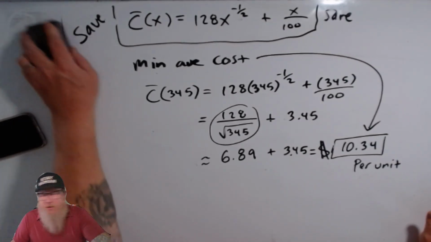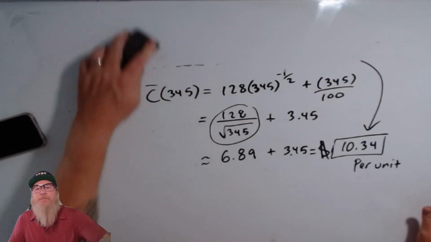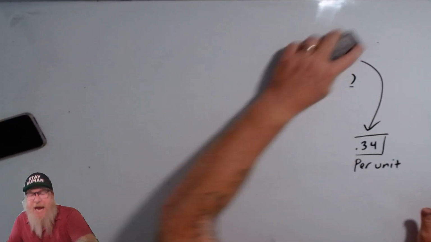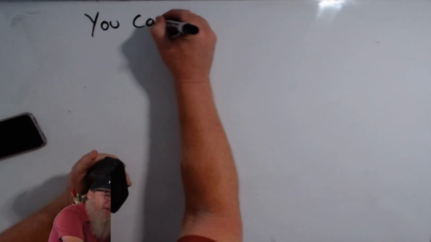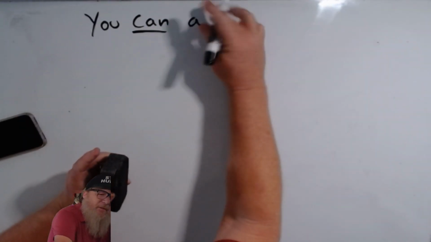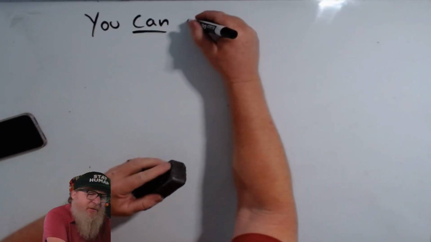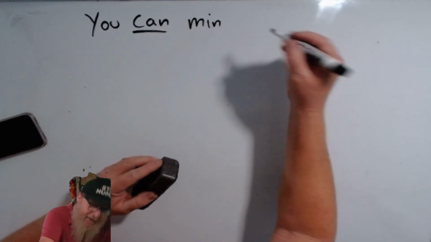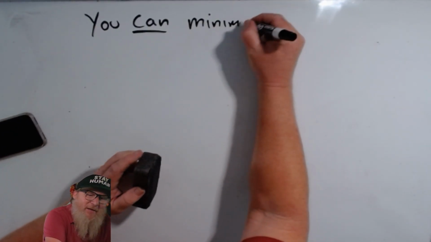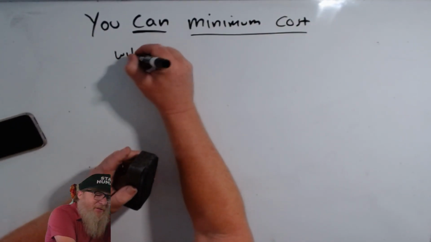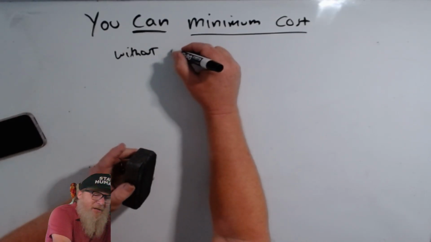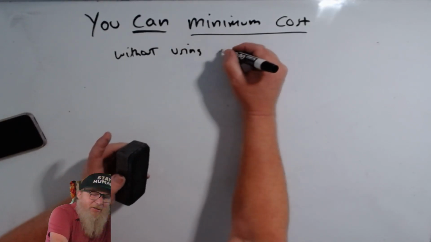So there are 2 things you can find: the minimum cost without using average cost.